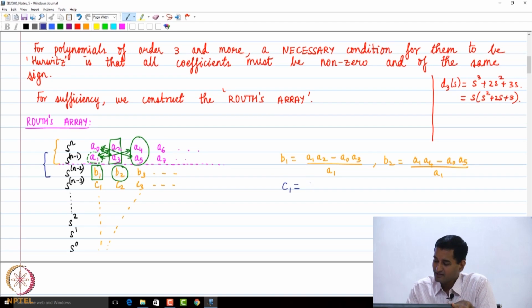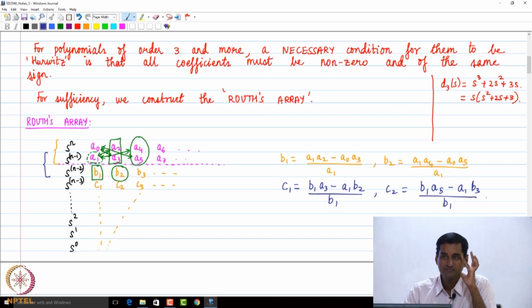You can immediately figure out the pattern. c1 is going to be (b1 times a3 minus a1 times b2) divided by b1. Then c2 is going to be (b1 times a5 minus a1 times b3) divided by b1.